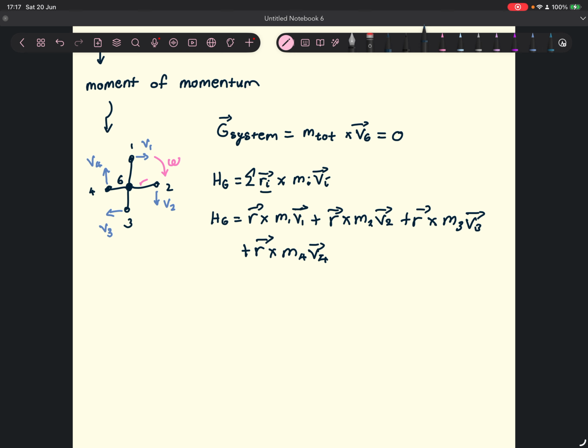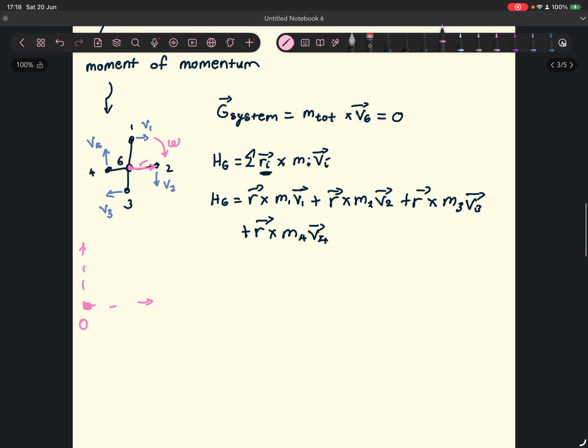And you can see that this Ri is the distance from G to the specific particle, so it's a relative distance. If I defined my axis system here, or let's say this was O, which is a fixed point, you can see that I'm taking it relative to G and not relative to this point O. Cool. Hope that kind of makes sense.